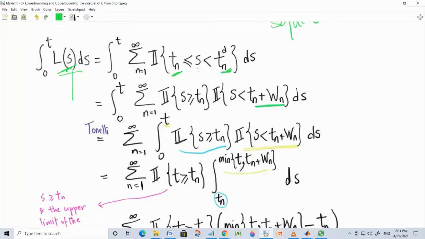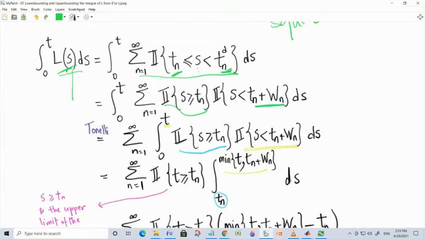Once you have a chain of inequalities, it is actually two inequalities, so let's separate them into an indicator of S greater than or equal to Tn, and another one, S less than Tn plus Wn.